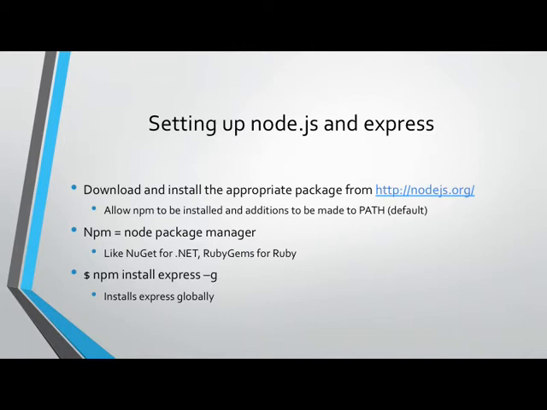So this slide here shows the big things you need to do to get started. If you haven't already installed Node.js, hit up their website. They've got install instructions for every platform out there. They have what they call a package manager, which is NPM. It's something that the Ruby community has moved largely towards, and .NET communities have started doing it with NuGet.